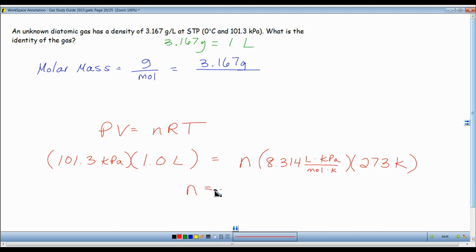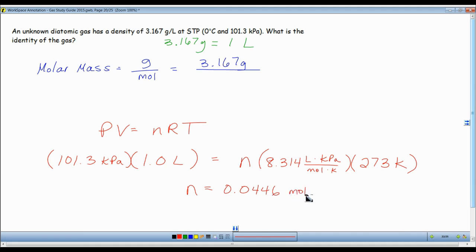And so in a sense, I'm taking 101.3 times 1. And then I'm going to divide both sides by the 8.314. And I'm going to divide by the 273. All right. So I get a number. It's kind of small. It is 0.0446 moles.